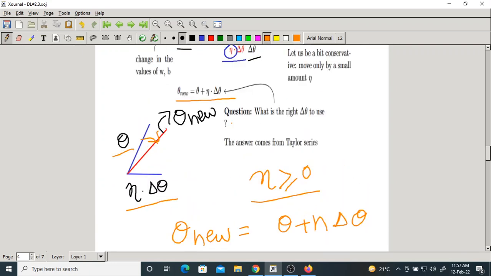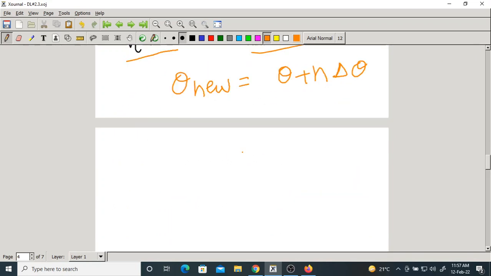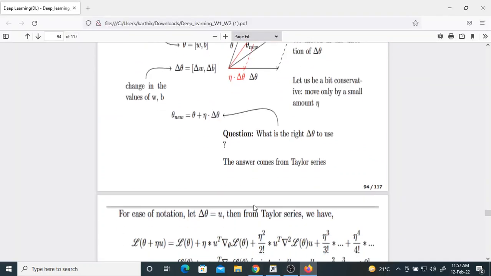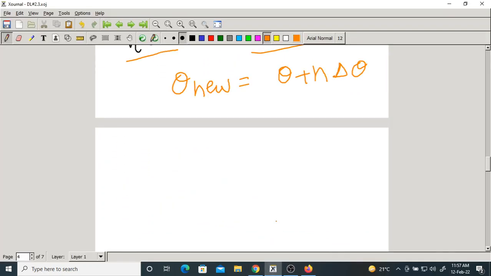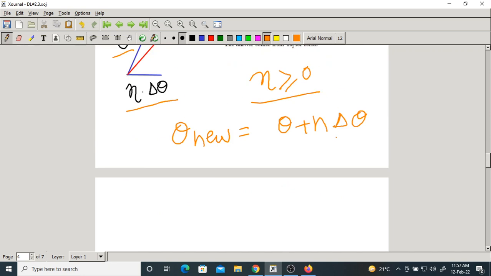Now here we want to find out what is the right delta theta to use. It comes from the Taylor series. I am not getting into all the mathematics because it is not required at this stage. For simplicity I am calling delta theta as u, some other variable u.